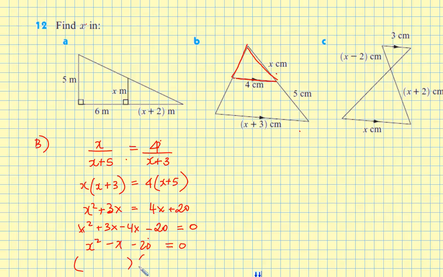Here, I could use the quadratic formula, I could use completing the square, but I choose at this point to use sum and product, because it is easier in this particular question. Two numbers that multiply to give negative 20 and add to give negative 1 are x minus 5 and x plus 4. That equals 0.